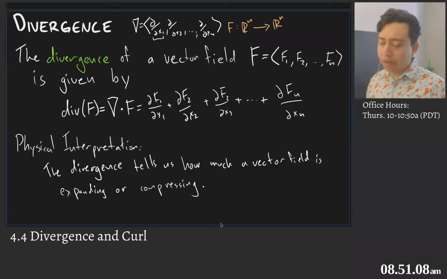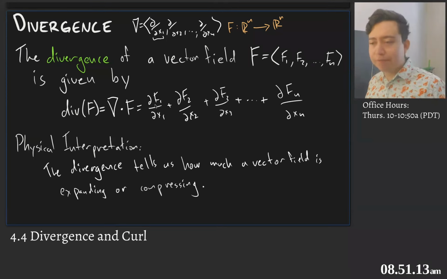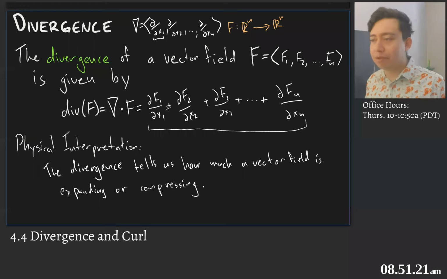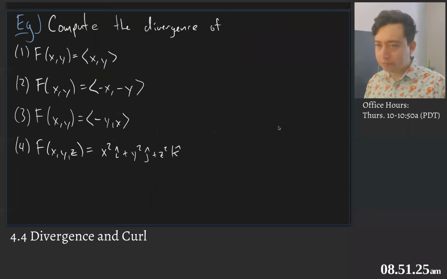Now I'll notice that each of these, when I take the derivative, I might still have variables in this. So this ultimately is going to be a number, a scalar, but in terms of my variables x1 through xn. So we'll see that here. The first few examples aren't necessarily going to show that off very well, but we'll do one example at a time.